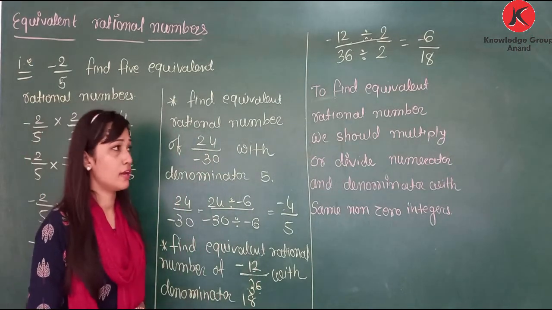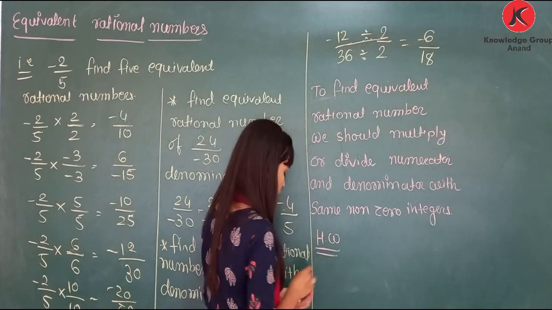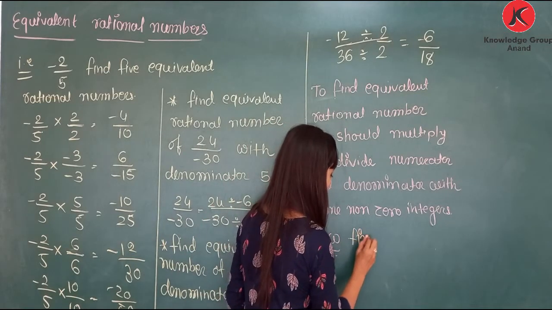So this way we can find the equivalent rational number. Here I give you some homework. So find 5 equivalent rational numbers.